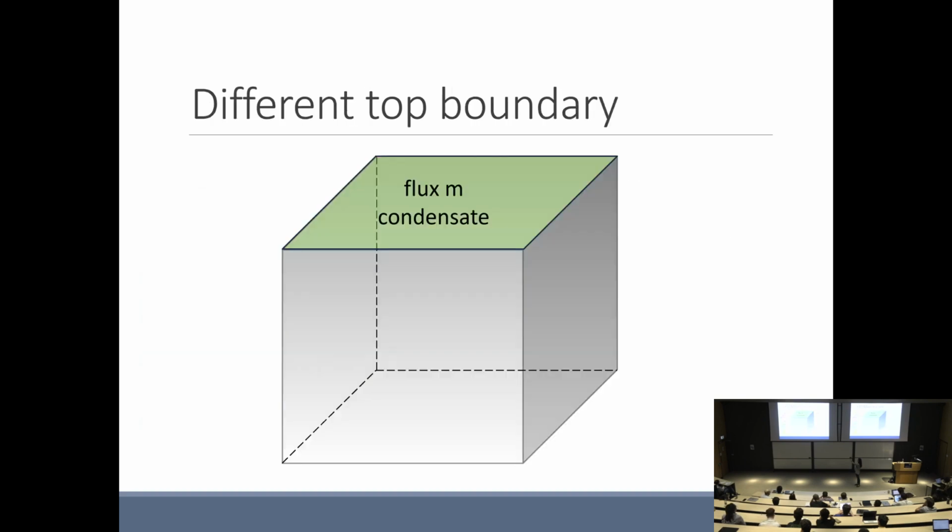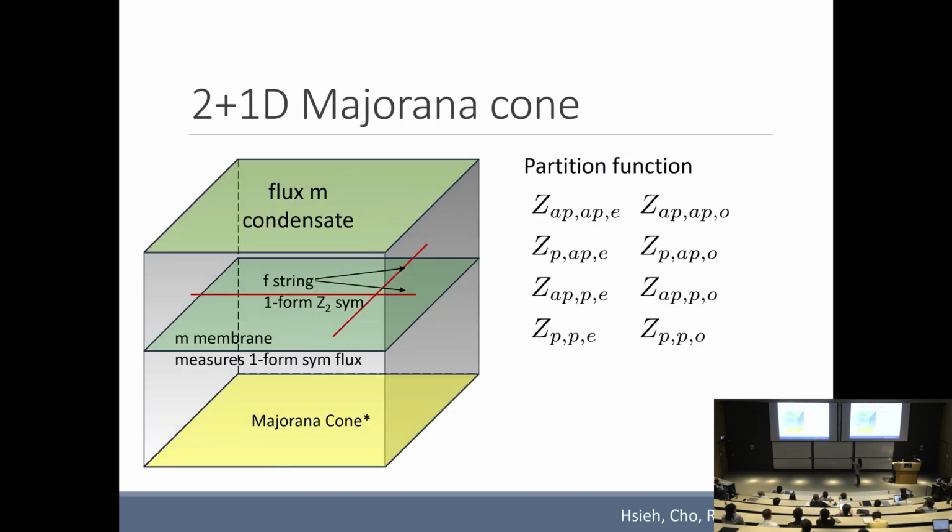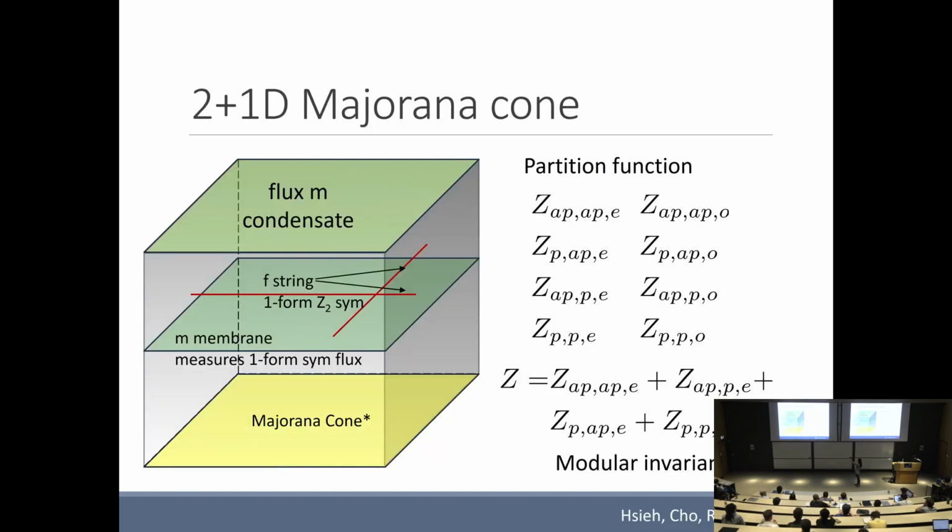But if we have the flux condensate at the top, then we have some different way of combining the different sectors. Actually, we have 4 parts that get combined together. And in a paper by Xie and collaborators, they explicitly show, for the Dirac fermion case, that when these 4 parts are combined, and then you take the square root, the result applies to this Majorana case, that this is, again, a modular invariant partition function.